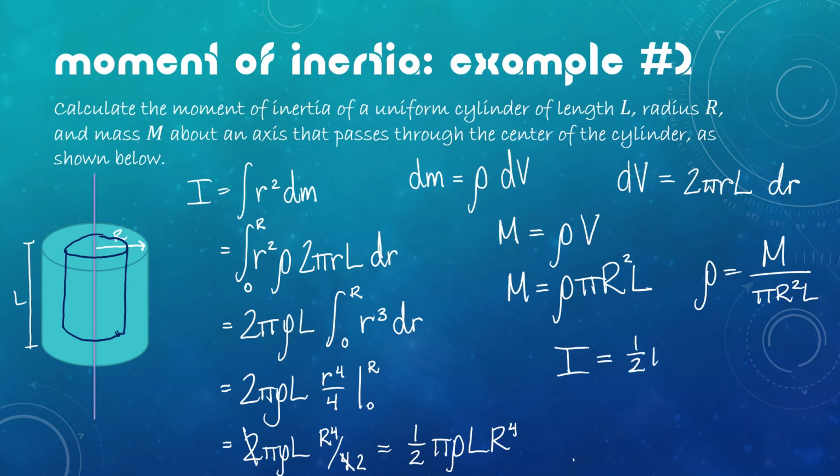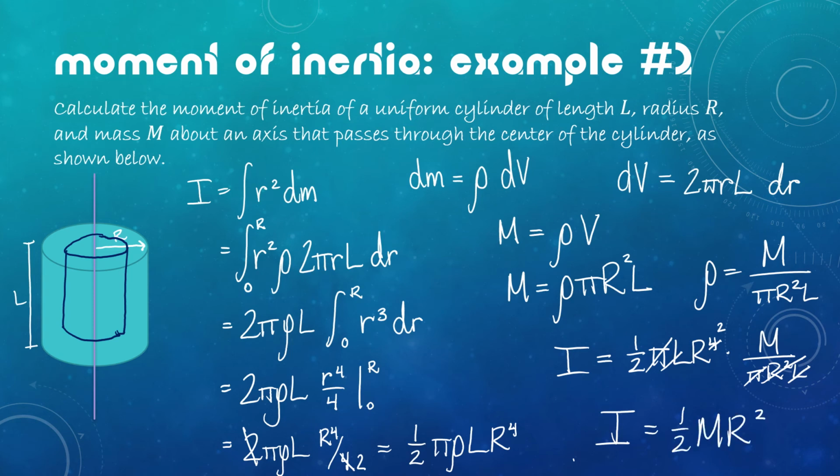So I have 1/2 pi L r to the 4th times that mass divided by pi r squared L. So you'll see that the pi's cancel out. This r squared cancels out here with 2 of those, and the L's cancel out as well. I'm left with the final expression of I equals 1/2 m r squared for a solid cylinder with the axis of rotation passing through its center.